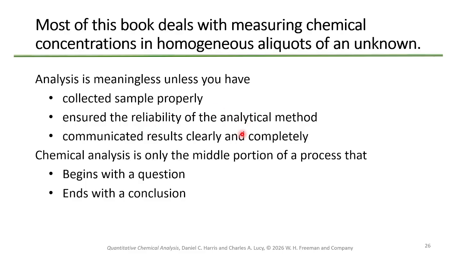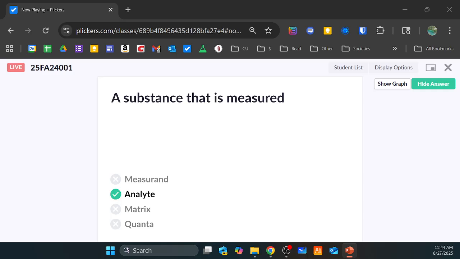Communicate results clearly and completely. Chemical analysis is only the middle portion of a process. It begins with a question, it ends with a conclusion. Everybody always focuses on the chemical analysis, and it's in many ways the easiest part of it. That's been the best figured out for most methodologies. The other stuff is usually where you have the most likelihood of messing up.